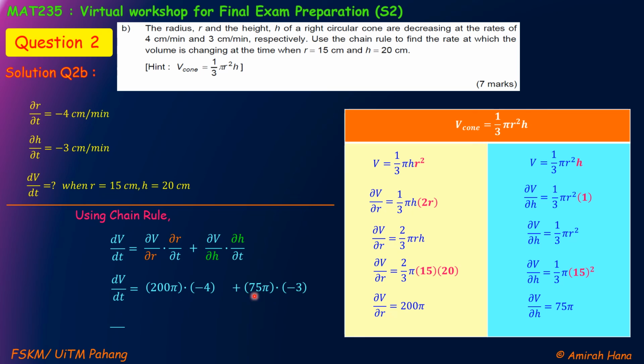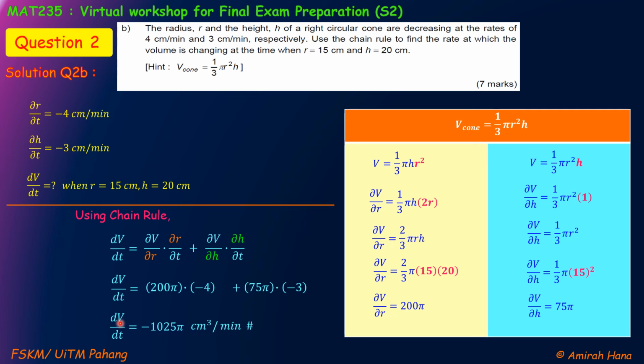After that, we can solve this, so we have dv over dt equals -1025 pi.